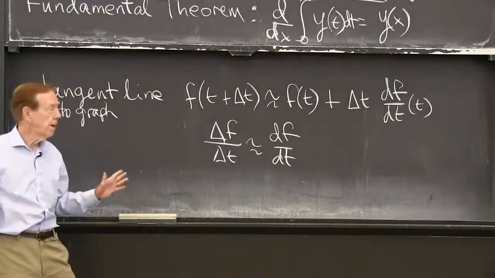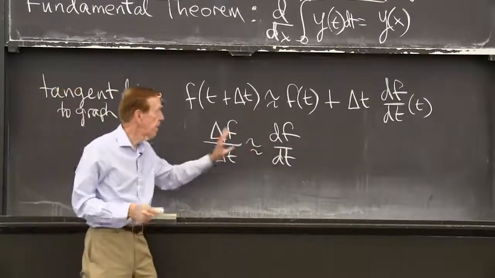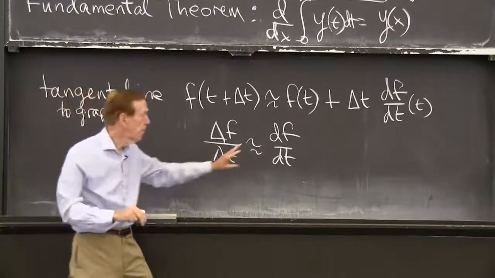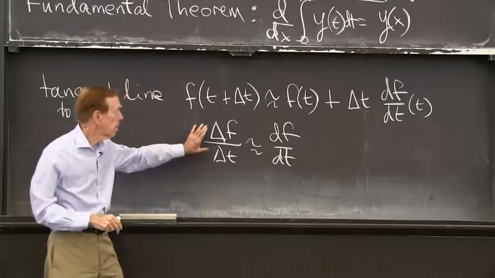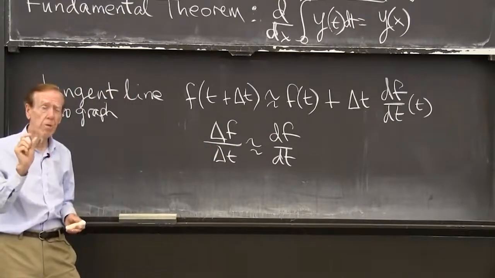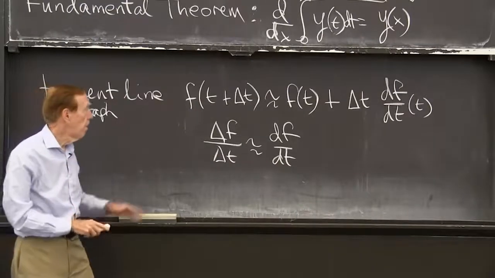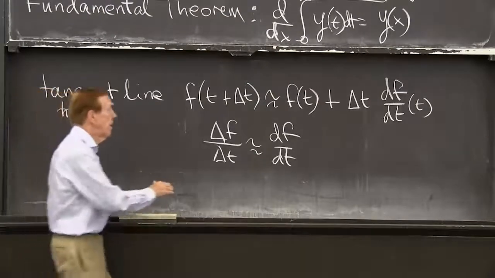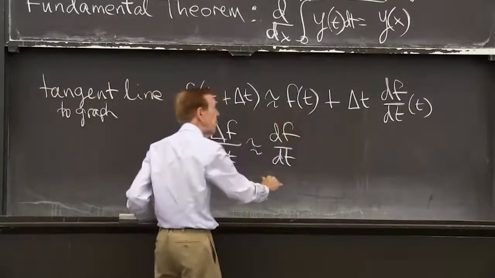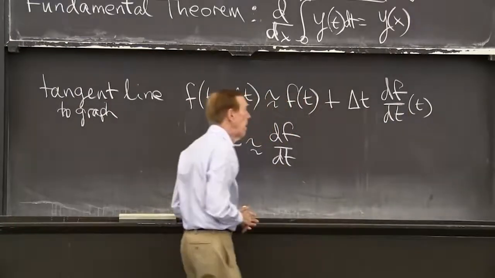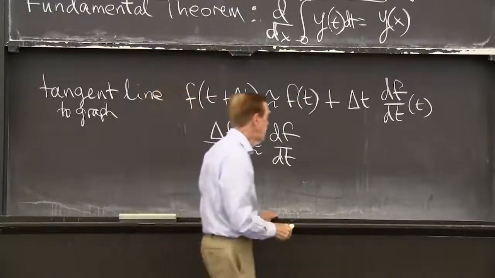That's the fundamental idea of calculus, that the derivative at the point t is quite close to delta f divided by delta t. It changes over a short time interval. Okay, so that's the tangent line, because it starts with the constant term, it's a function of delta t, and that's the slope. Just draw a picture.